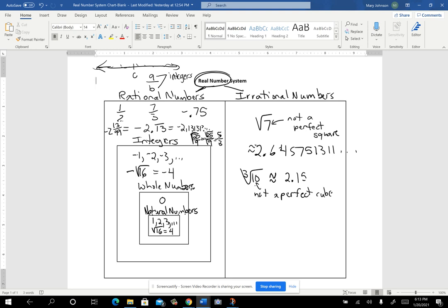So the best you could do is a decimal approximation. All right, so irrational numbers are really non-repeating, they don't repeat, and non-terminating, they don't stop. Decimals that don't stop and don't repeat. That's what belongs over here. That's what makes them irrational.